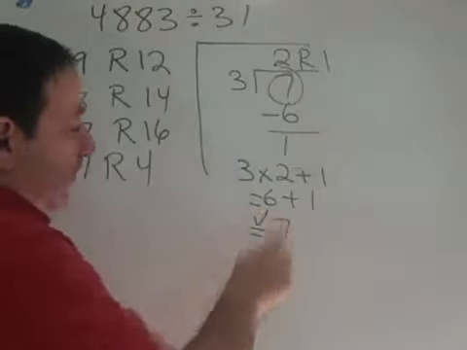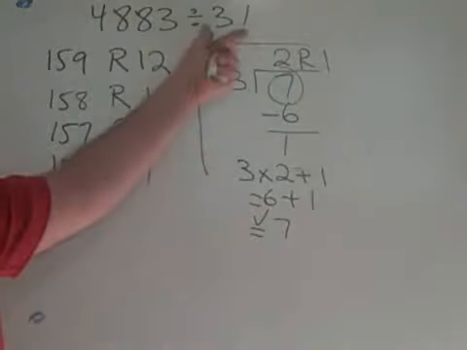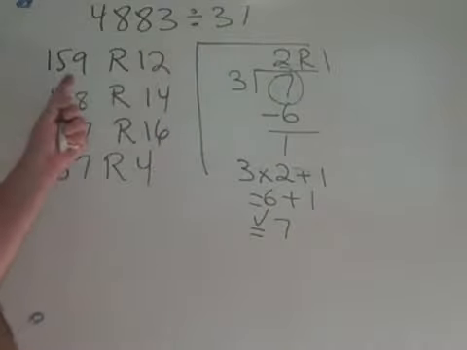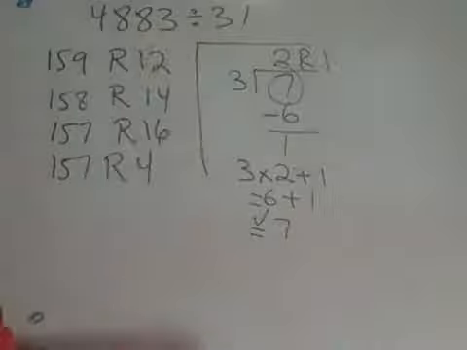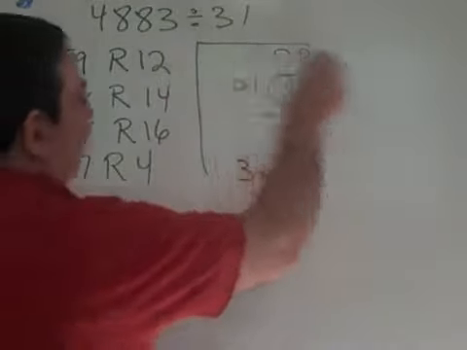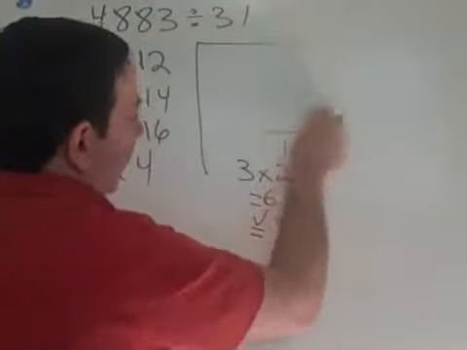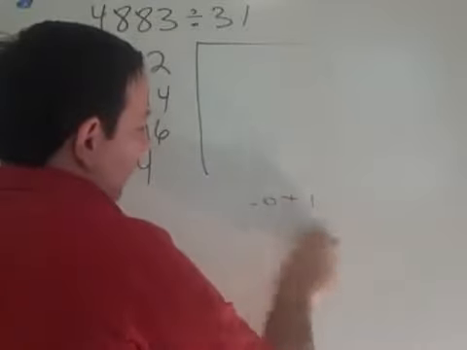That's what we wanted. So you can multiply this 31 by 159 and add 12. But that's even way too complicated. If that's the way you're going to do it, my advice is to do some long division. This is a second concept that I want you to think about.